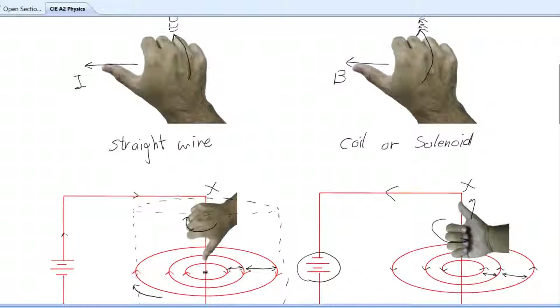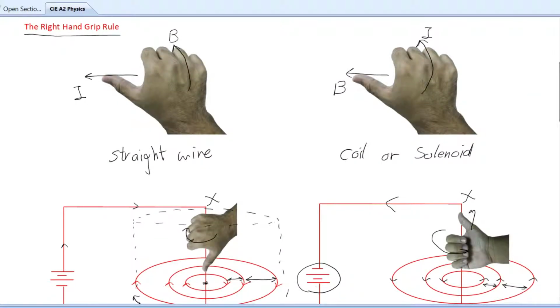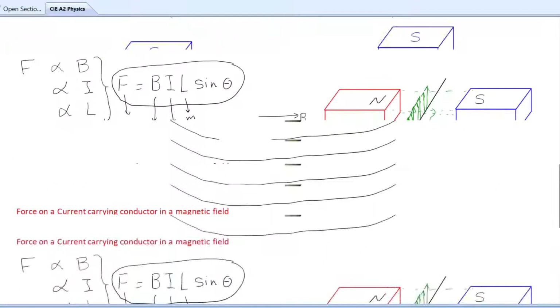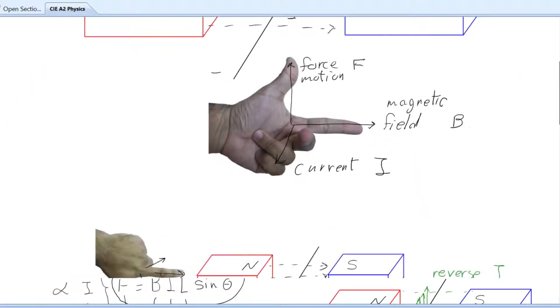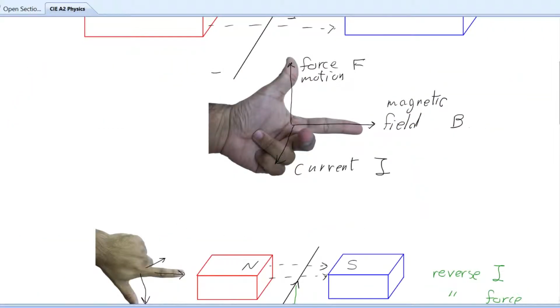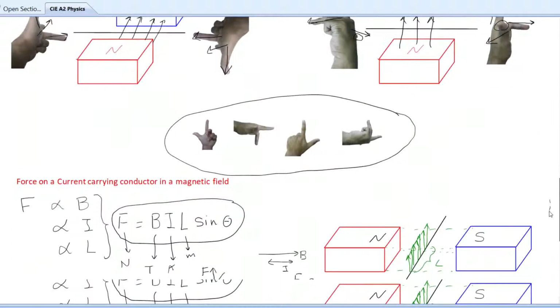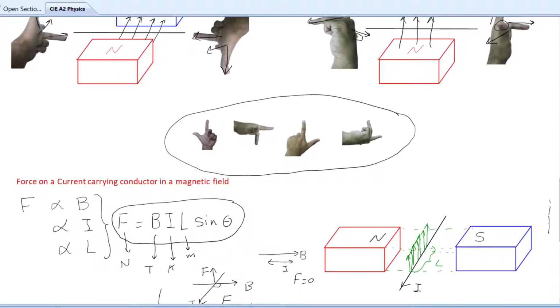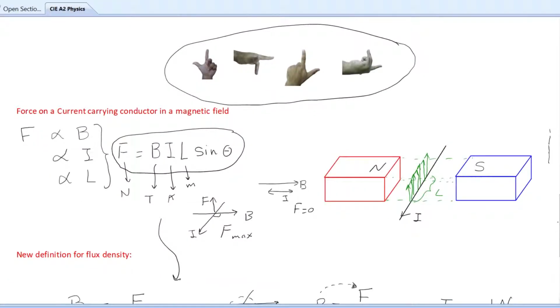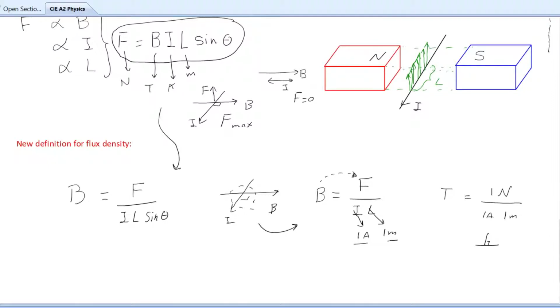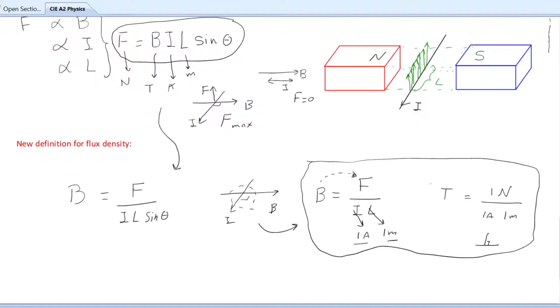You can do this by using the right-hand grip rule, or you can be asked about the direction of a current and force on a conductor in a magnetic field, and you can find that using Fleming's left-hand rule, or can be asked to calculate the force on a conductor inside a magnetic field using BIL sine theta. You can be asked about the definition of flux density or the unit Tesla using the equation BIL sine theta.